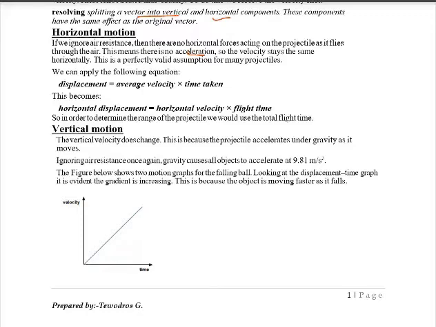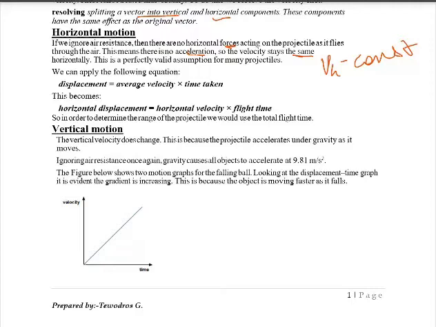The only force is the vertical force, which makes the object move upward. Because of this, the acceleration is 0, and this means the velocity of the horizontal motion remains what? Constant. Therefore, v horizontal is constant throughout the motion, from the starting point up to the end point.